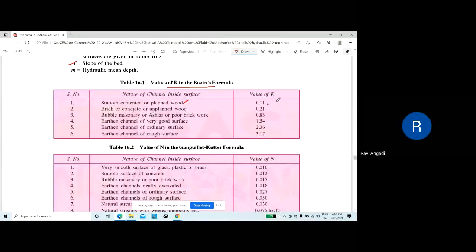Again the values of K are given for brick or concrete or unplaned wood, rubble masonry or ashlar, poor brick masonry, earthen channel of very good surface, earthen channel of ordinary surface, earthen channel of rough surface. So the value of K depends on these surfaces. Okay, so these are the values of K.